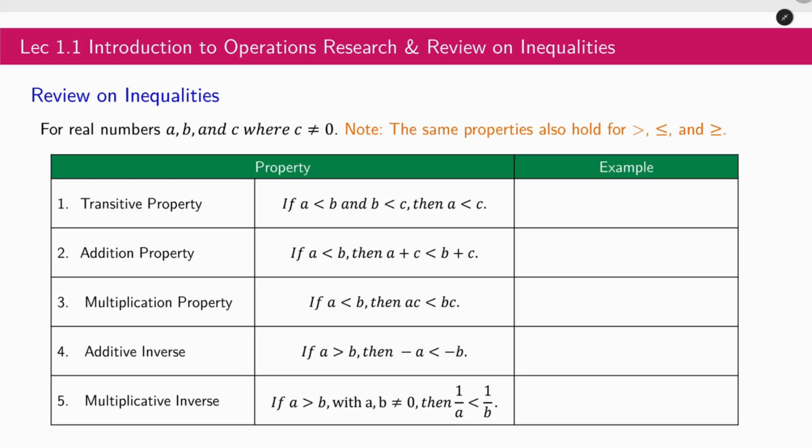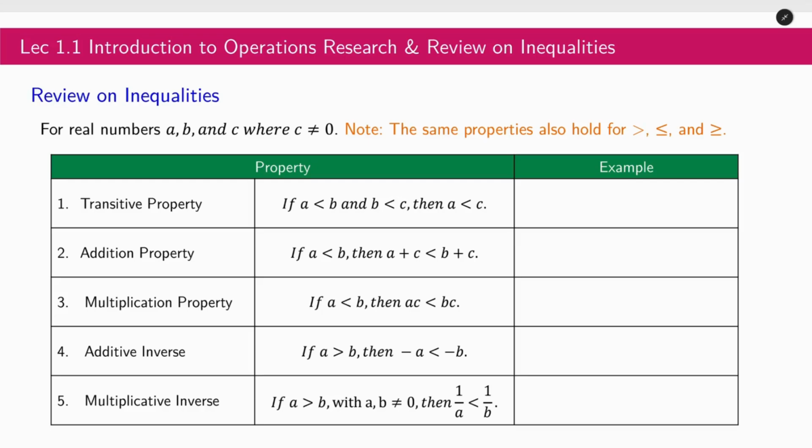Next, we have the properties of inequalities. For real numbers A, B, and C, where C is not equal to 0, we have the following properties. Take note that these properties also hold for greater than, less than or equal to, and greater than or equal to.